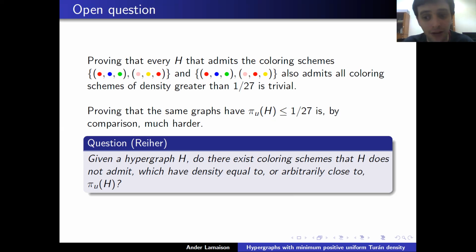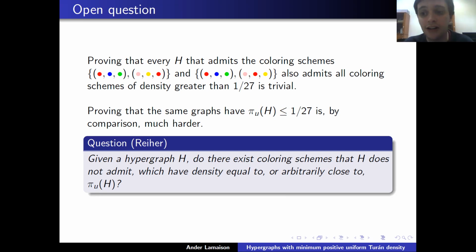So I can tell you, for example, that for the case of computing the uniform Turán density of cycles, it had been known for a while that for every cycle whose length is not a multiple of 3, the densest coloring scheme that does not generate that cycle has density 4/27, other than the 4-cycle.